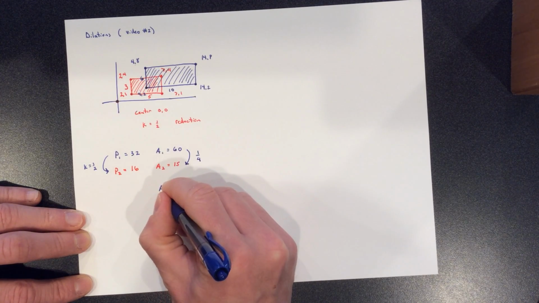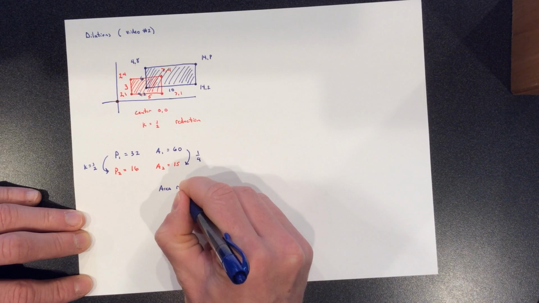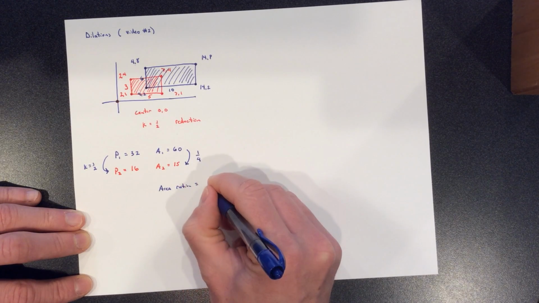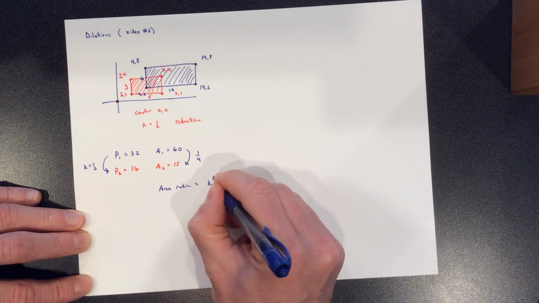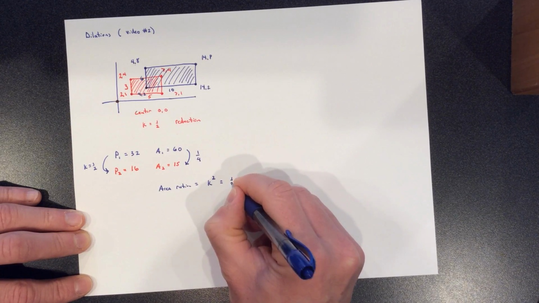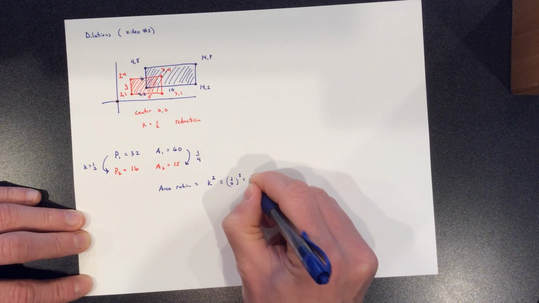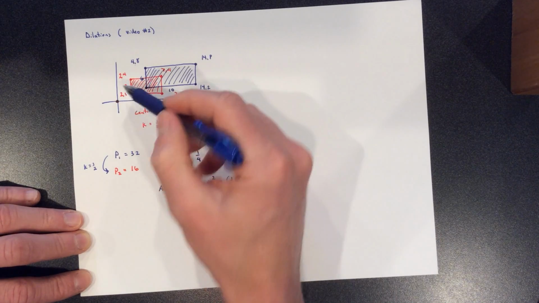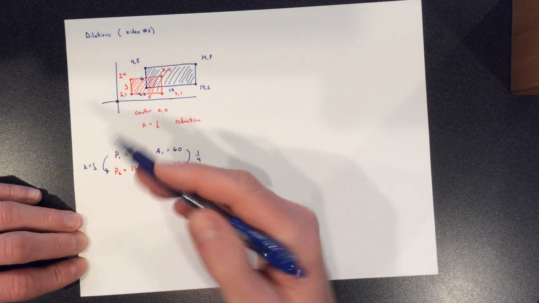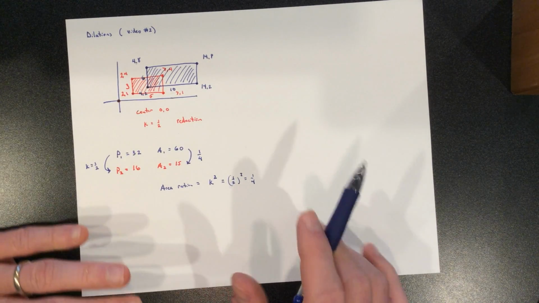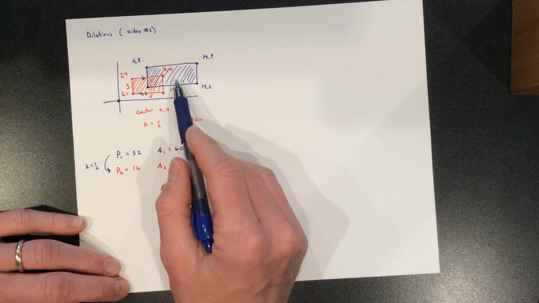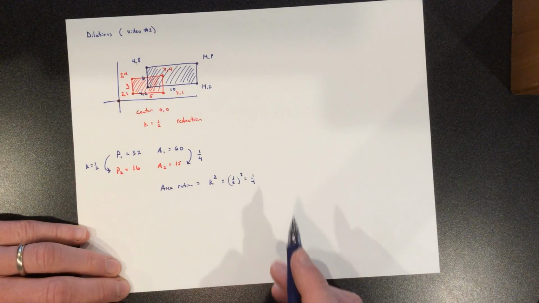Remember, the area ratio is always the scale factor squared. In this particular example, 1/2 squared is 1/4. You make this half as big and this is half as big, the area is 1/4 as big. I know the red doesn't look like it's 1/4 of the blue, but I just had a bad drawing.